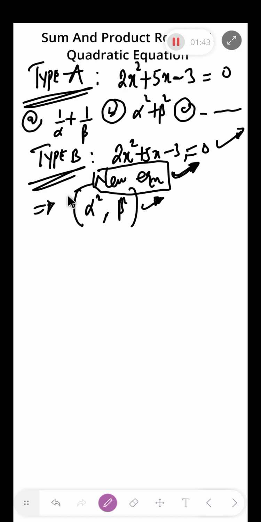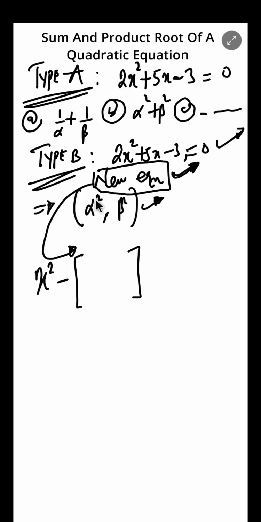But please take note, to generate a new equation, there's a general formula for it, and the general formula is x squared minus the sum of the roots given. You sum these roots, and this is the root given, that is, you have alpha squared, and you have another root given, which is beta squared. So you have to sum.